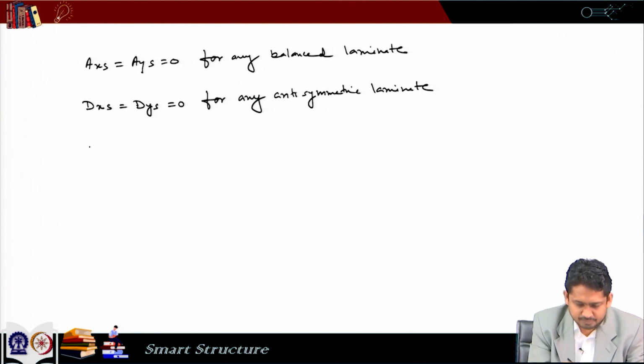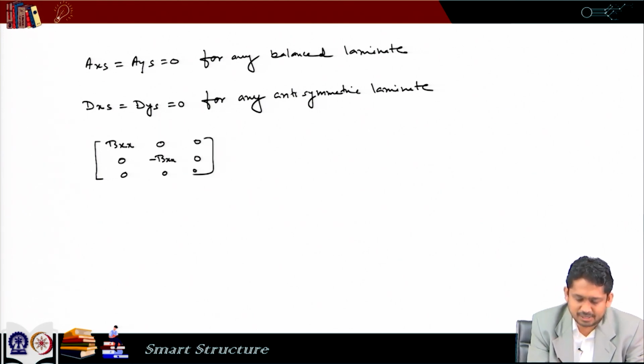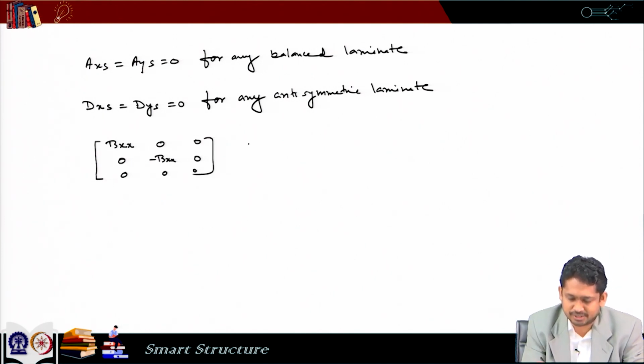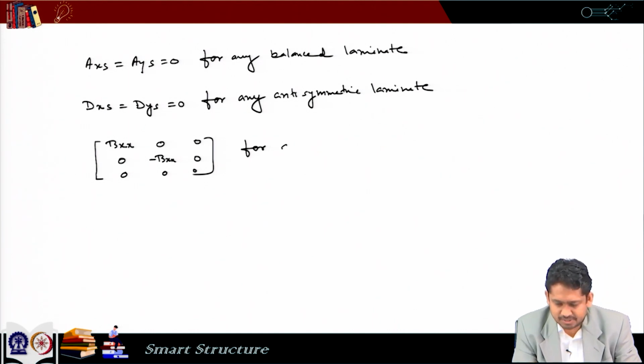And then, if the laminate is cross ply and antisymmetric, like a laminate 0 90 0 90, then the B matrix looks like this. B_xx and B_yy are opposite of each other, and the rest of the quantities are 0 for an antisymmetric cross ply laminate.